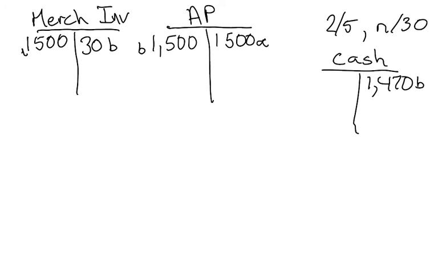But now here's the but. The company got a 2% discount for this purchase. So they didn't actually pay $200 for the merchandise. They paid $196 for the $200 worth of merchandise they're returning.